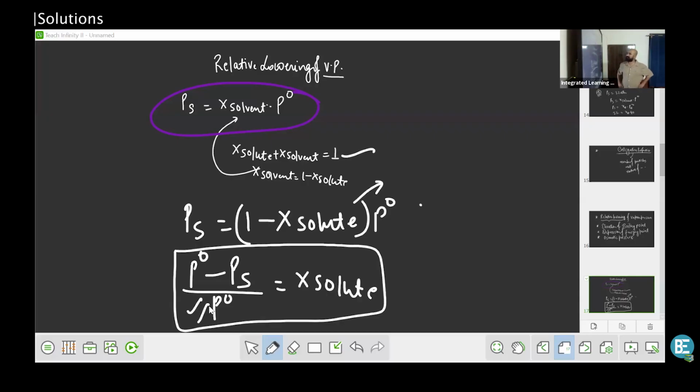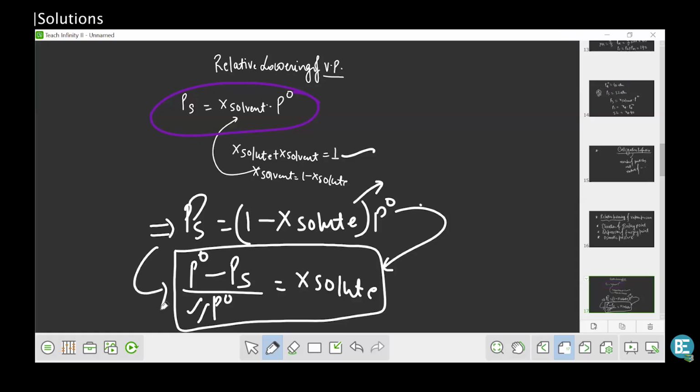Nobody got the answer as of yet. How is it possible? Whoever is done, raise your hand. Otherwise I'll have to do this. You don't have to find anything. I'm saying that you have to rearrange this equation in this format. Raise your hand after it is done.